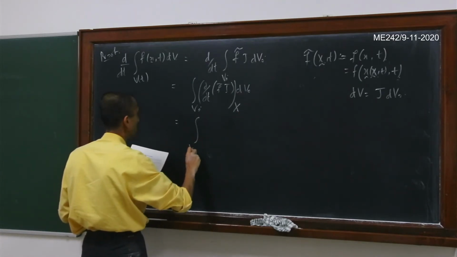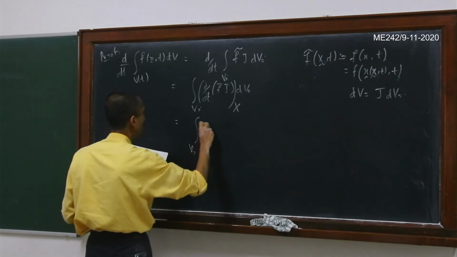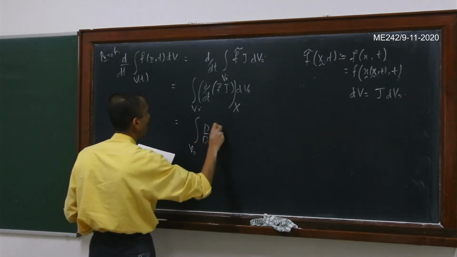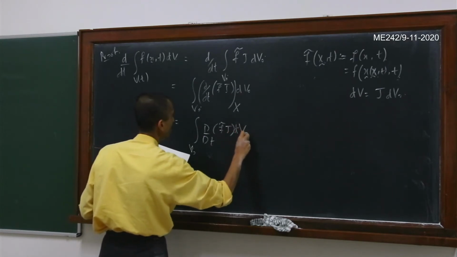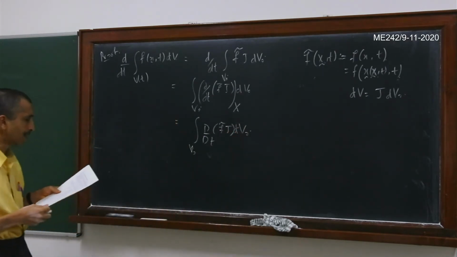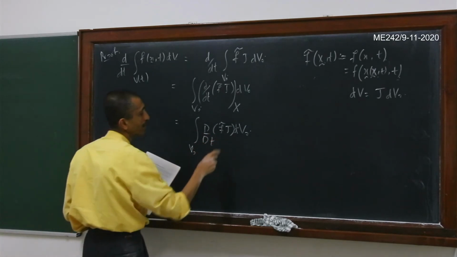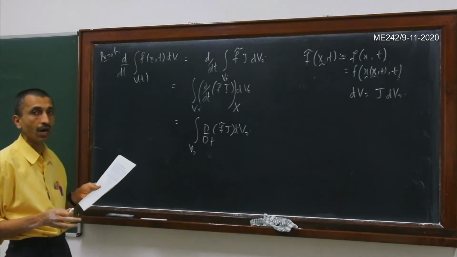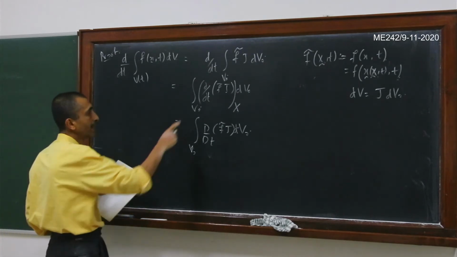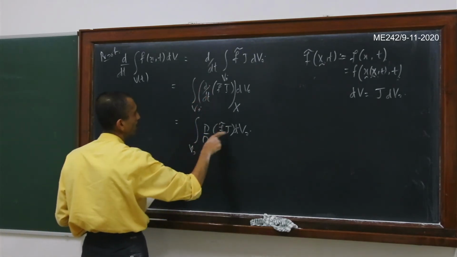So this is equal to the integral of d by dt of f tilde times j times dv naught. Now I can apply the product rule, because the material derivative obeys the usual laws of partial differentiation. Finally it is a partial derivative, so it obeys the usual laws.